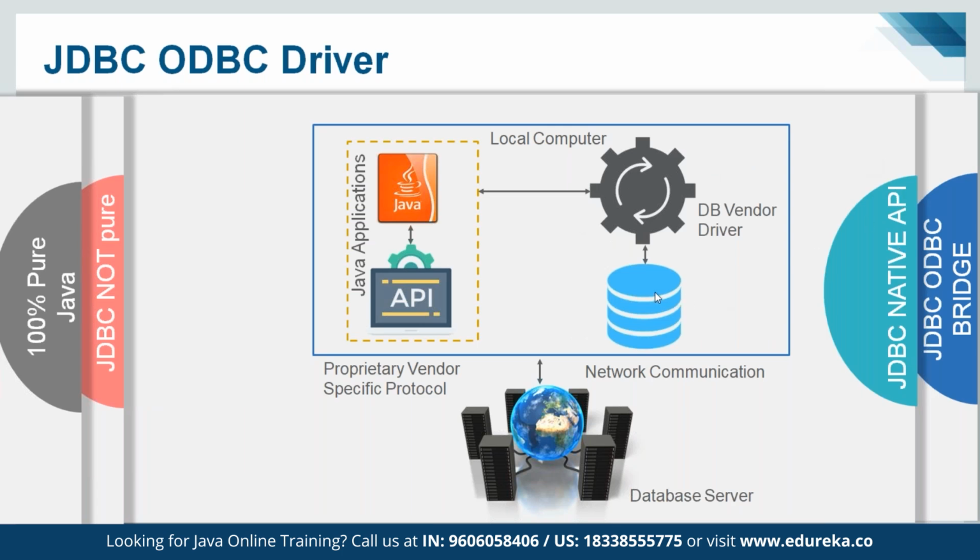That means every database vendor, Oracle given by Oracle Corporation, MySQL now Oracle, MySQL previously, DB2 by IBM, has developed some programs in C and C++ language. That's called native API. In Oracle, the native API is called OCI, Oracle Call Interface. So the Java program will connect to OCI and work with the database directly.